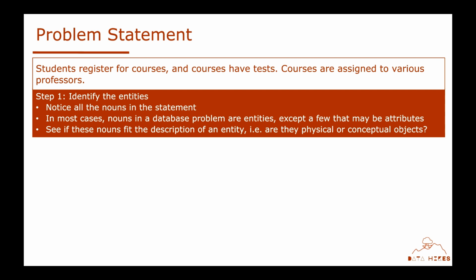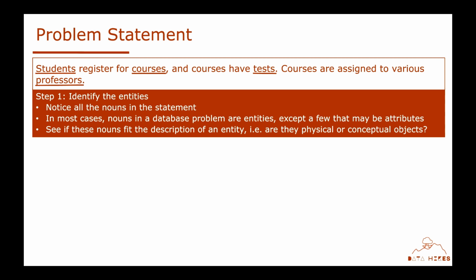A few may be attributes if we have more detailed information or a detailed description of the problem. But let's see if that's the case. The nouns we have in this statement are student, course, test, and professor.